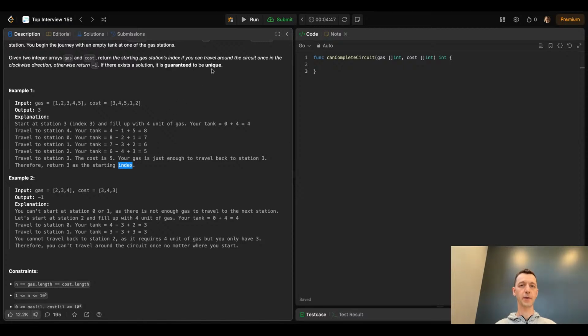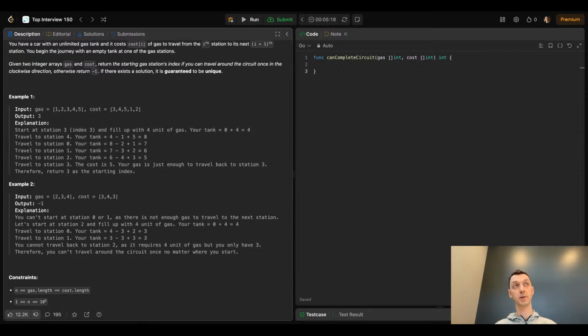So it looks like you would be able to continue. Well, wait a second. You start at 3 and you end at 3. But at 3 you will have 4 units again, so you can start over.